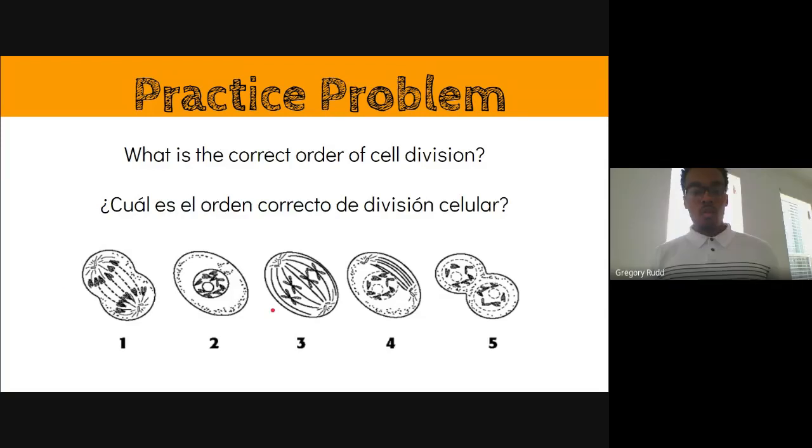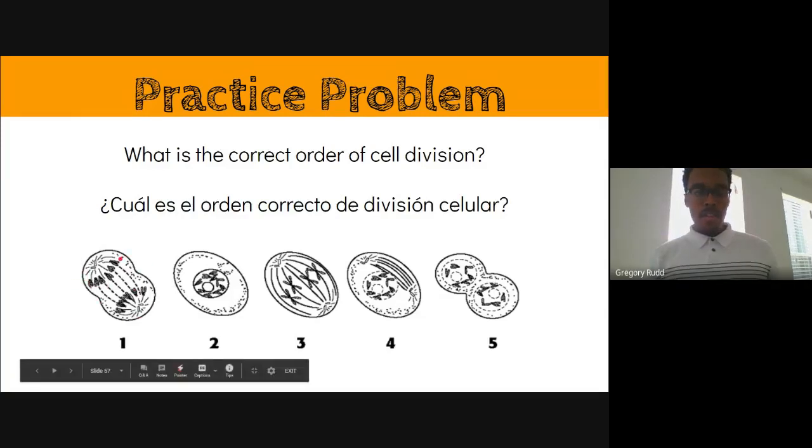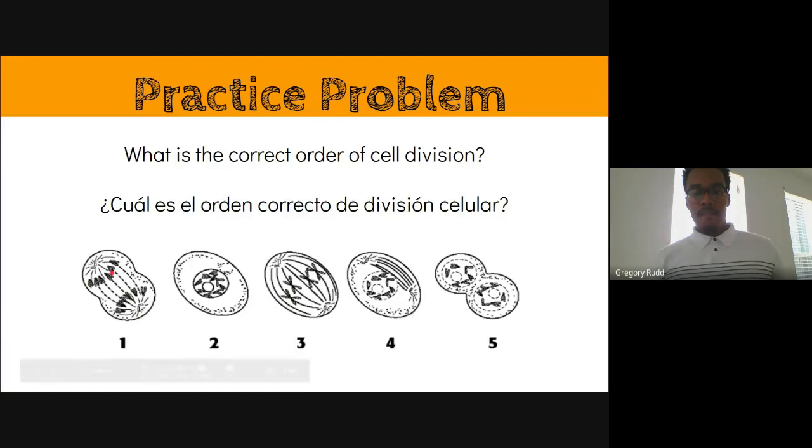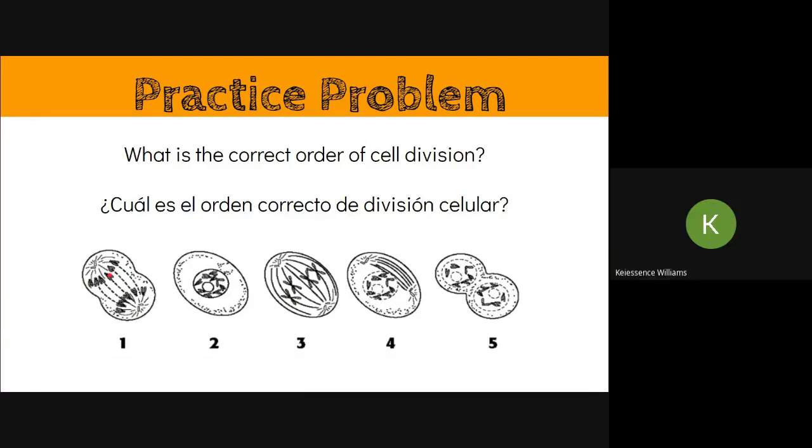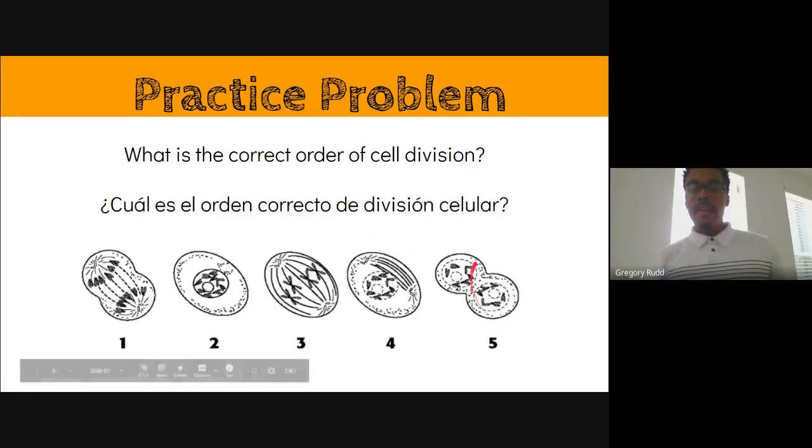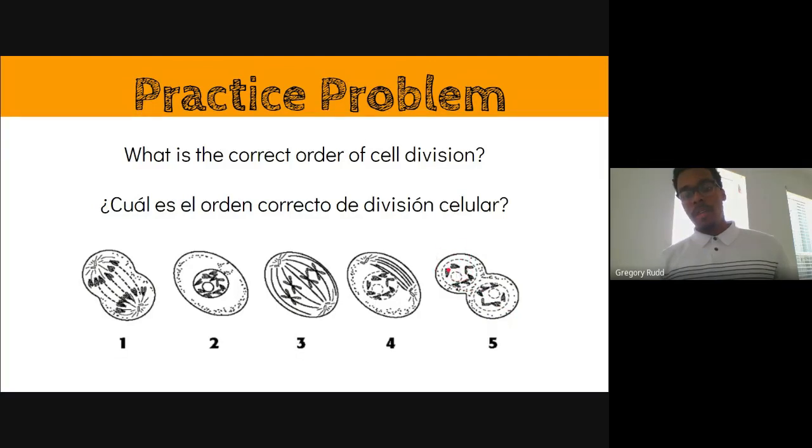Then 1, this would be anaphase, as the chromosomes get pulled apart by the centrioles. And that leaves 5. So this would be telophase, as 2 new cellular membranes form, a nuclear membrane is reforming around the chromosomes, and you're ending up with 2 new cells.